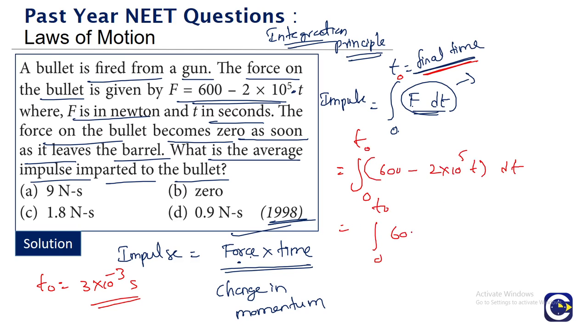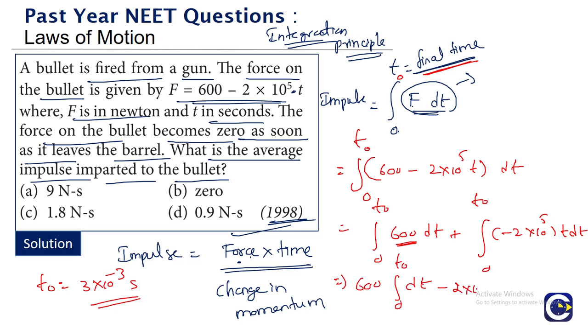Integral 0 to t naught 600 dt plus integral 0 to t naught minus 2 into 10 power 5 t dt. So the first term is 600 into integral 0 to t naught dt. The second term is minus 2 into 10 power 5 integral 0 to t naught t dt.